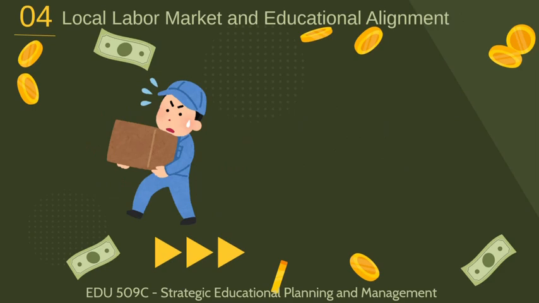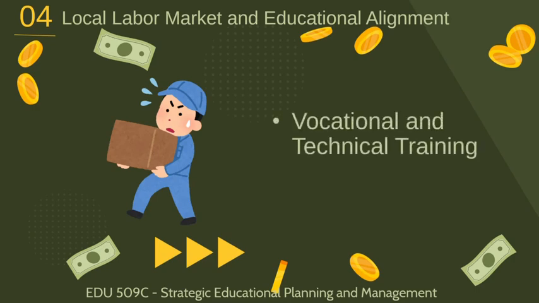The fourth one is the local labor market and educational alignment. So one of the most important economic aspects in educational planning is ensuring that education is aligned with the local labor market. This is particularly true for regions with specific industries that require certain skills. For example, vocational and technical training.